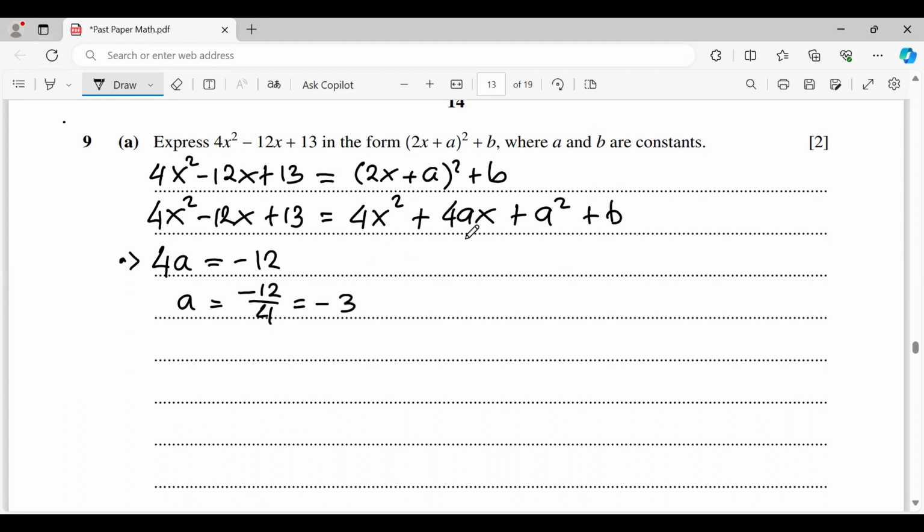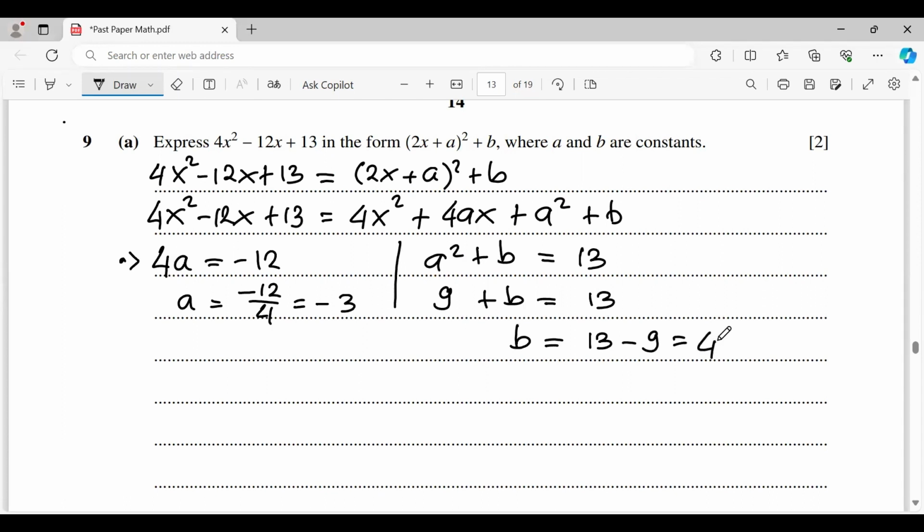And as well, a squared plus b equals 13. Recall that a equals -3, so it means this is 9 plus b equals 13. So b equals 13 minus 9 equals 4.